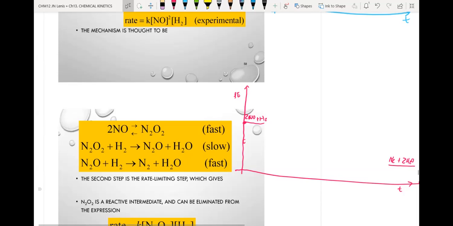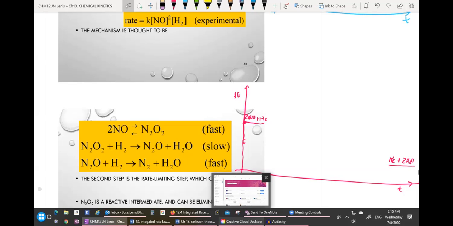It's proposed that this reaction goes through a 3-step mechanism. So if you have three steps in your mechanism, you must have 3 hills in your potential energy diagram. If in a potential energy diagram for a particular reaction you see only 2 hills, that means the reaction has a 2-step mechanism, and so on.